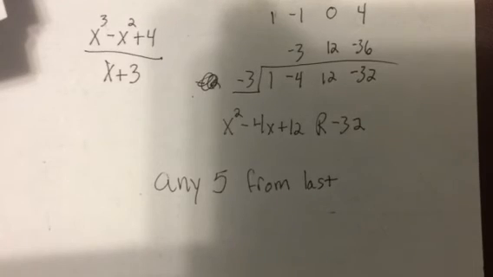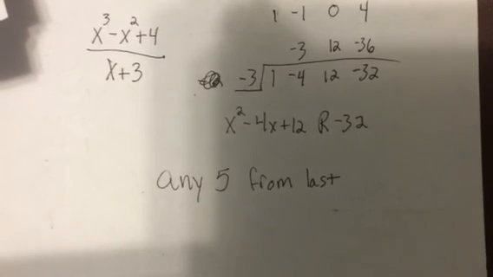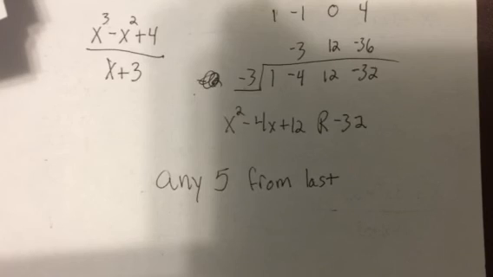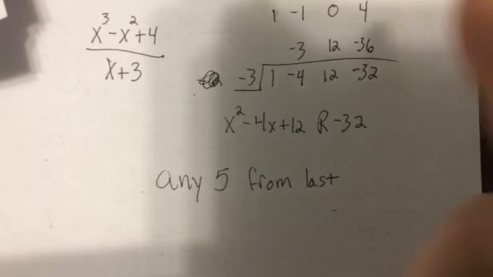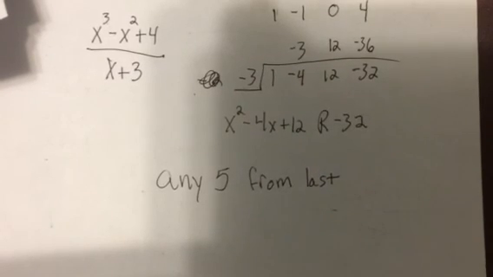Now, you have to do the ones that have a binomial in the bottom. You can't do the ones with a monomial. It wouldn't work. It has to be a binomial, 2 terms. But pick any 5. I don't care which 5 as long as it's a binomial in the bottom, and redo it with synthetic division. Now, hopefully you can see this is so much faster.